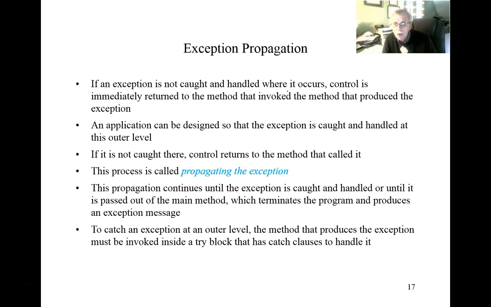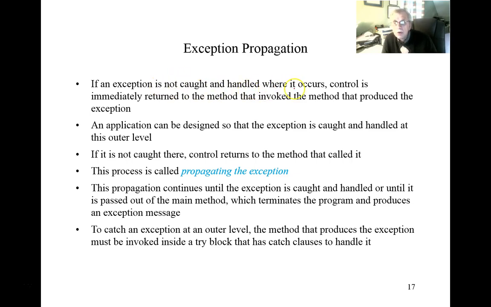But if you execute a block of code, which is, say, some distant method being invoked, and that method throws an exception but doesn't deal with it, then the exception comes back to us at the point where we invoked that method, and it becomes our responsibility to deal with it. That's called exception propagation.